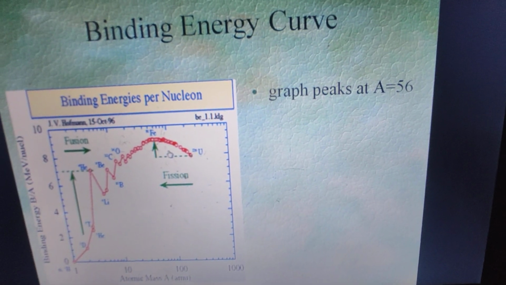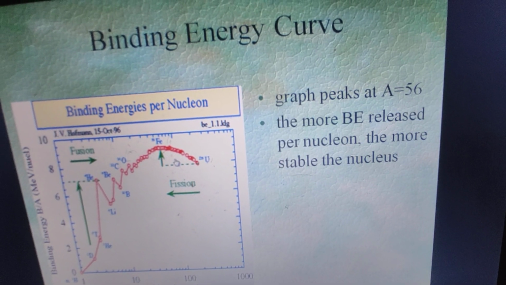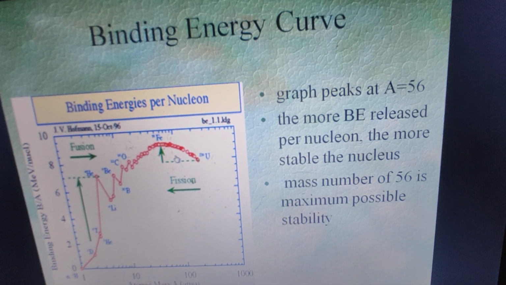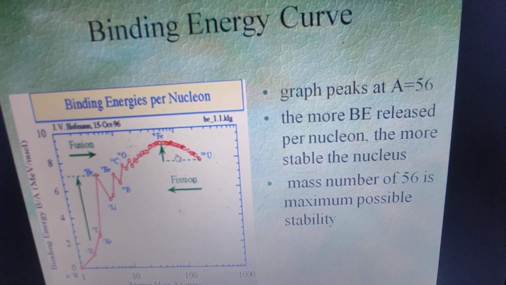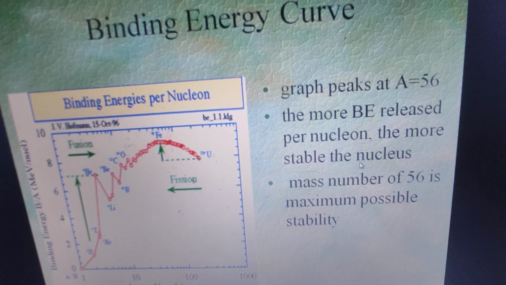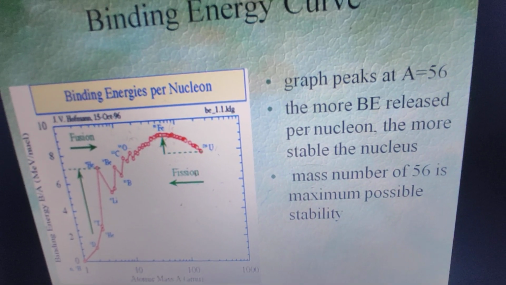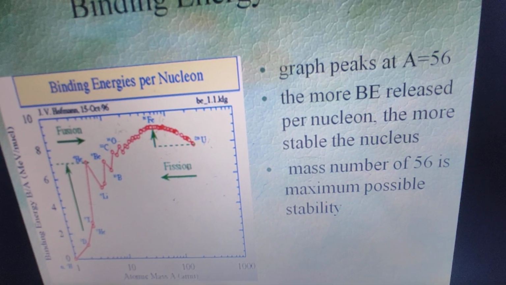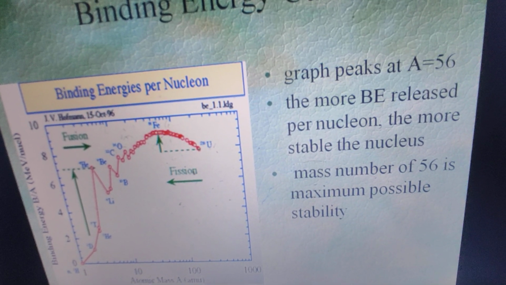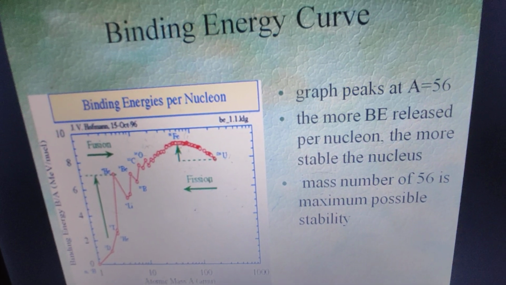The graph peaks at mass number 56, which is iron. The more binding energy is released per nucleon, the more stable the nucleus becomes. So mass number 56 has the maximum possible stability. It is the most stable element, that is iron.